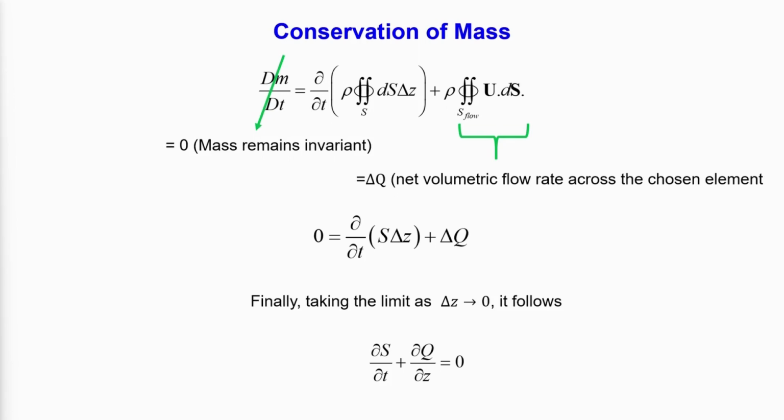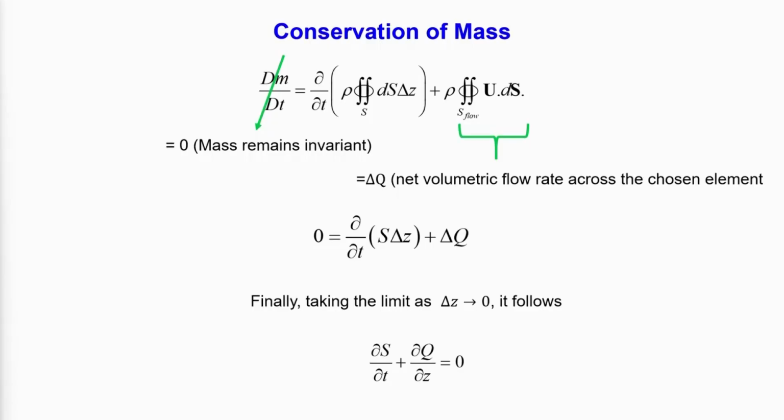Now, conservation of mass says that if you have a control mass system, a system of fixed mass, the mass is conserved, so that is 0. Then the right hand side has what is called the unsteady term, and the last term is the net volumetric flow rate, because of whatever is coming out and going in.